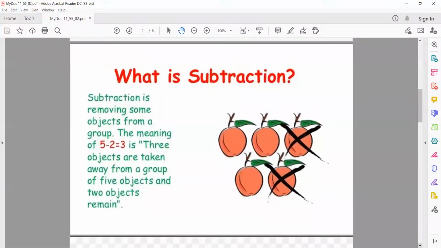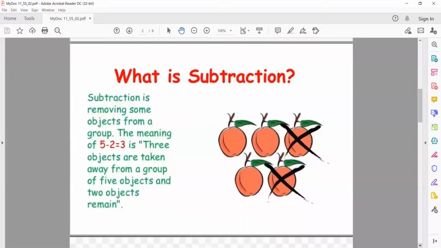What is actually subtraction? Subtraction is removing some objects from a group. Let's say we have a group of 5 apples. If we remove 2 apples from that group, we are left with 3 apples. This is subtraction.